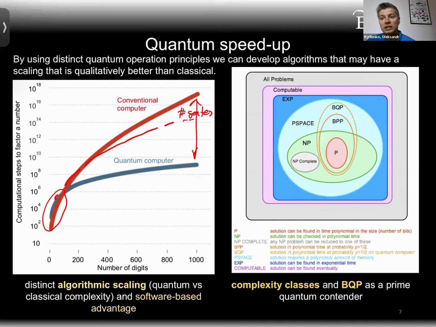So we know the scaling. Let's say the scaling of the quantum protocol is proportional to the square root of n, where n is the Hilbert space dimension, and classical will be O(n), so linear with the Hilbert space.